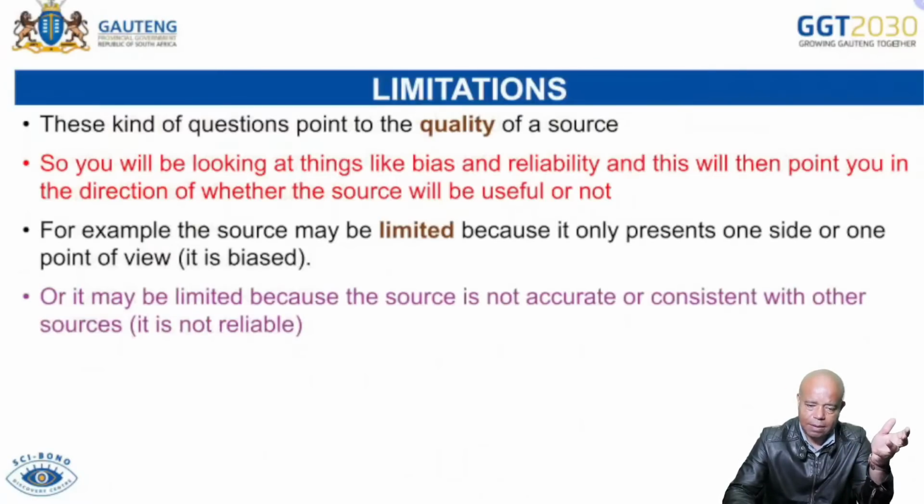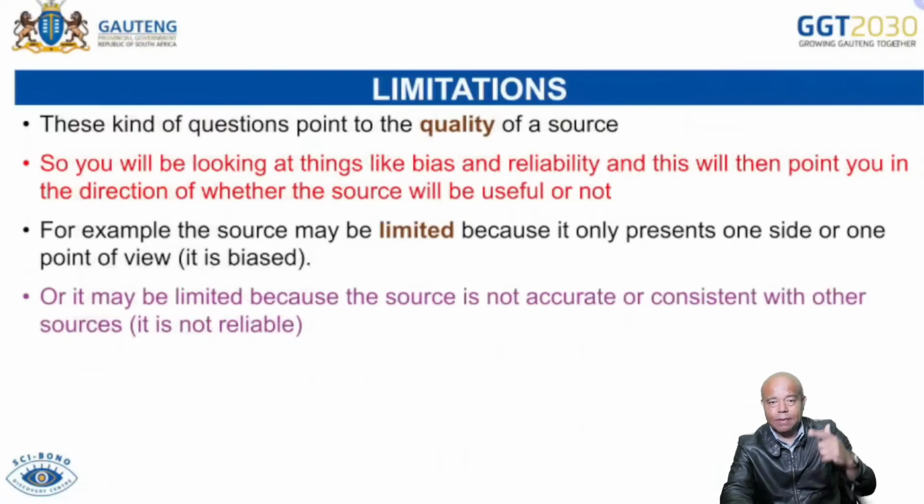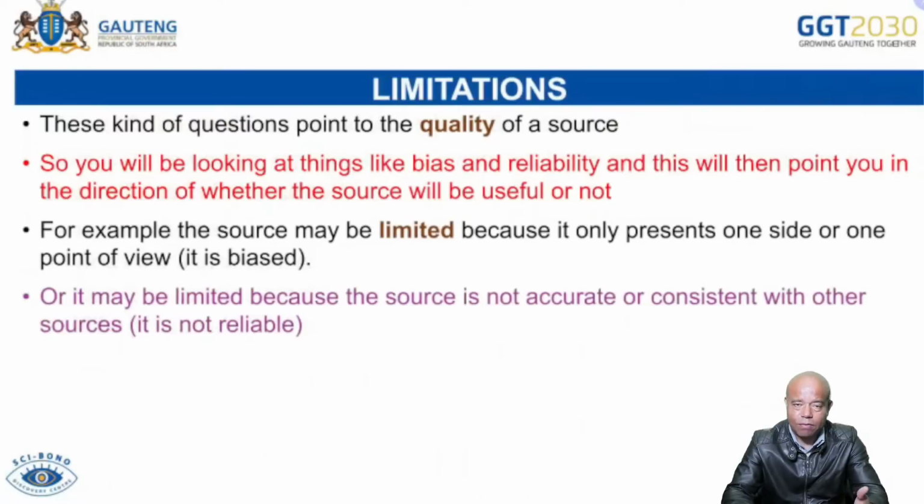Is the source reliable? Remember, if there's no date, if there's no author, if it does not inform us where the source comes from, then take note, learners, the source is limited, basically. If it gives us a proper date, then the source is not limited. Take note about it. If there's no date, if there's no author's name, if it doesn't inform us where it comes from, it becomes limited at the end of the day.